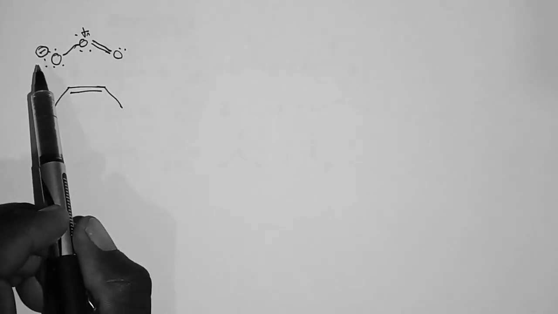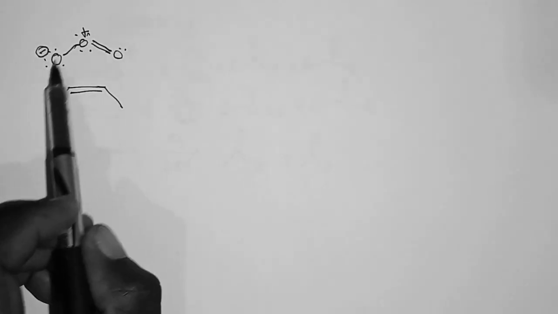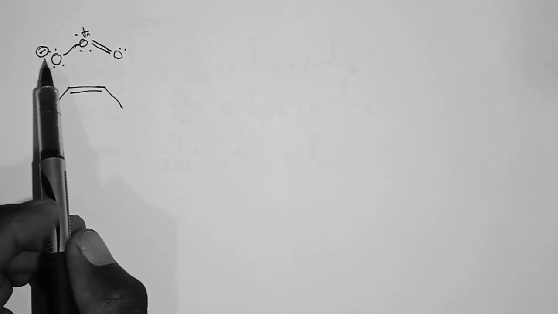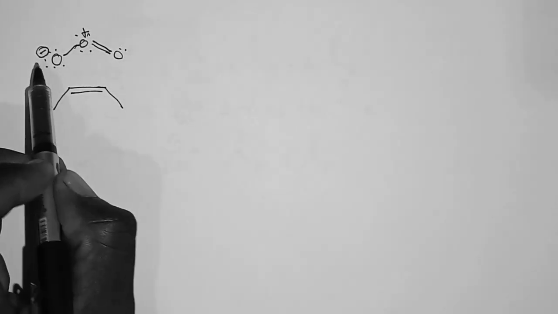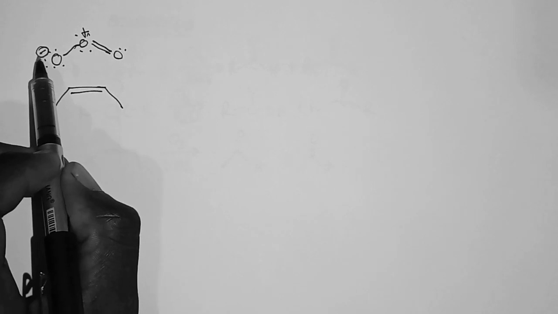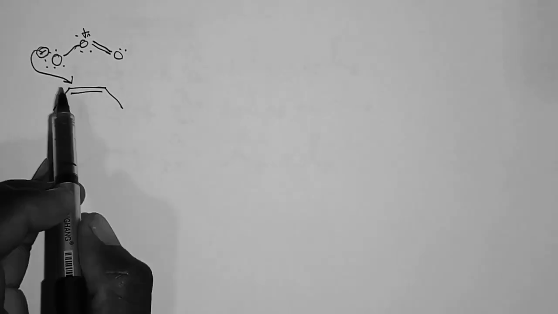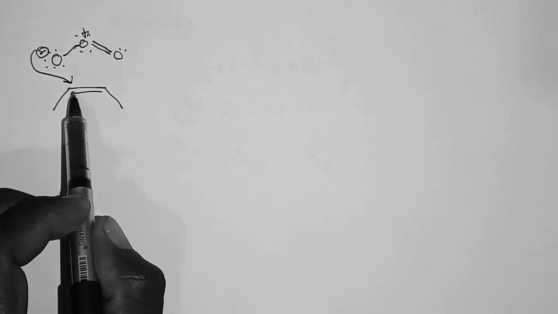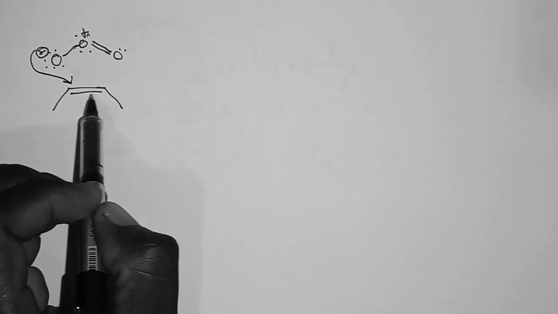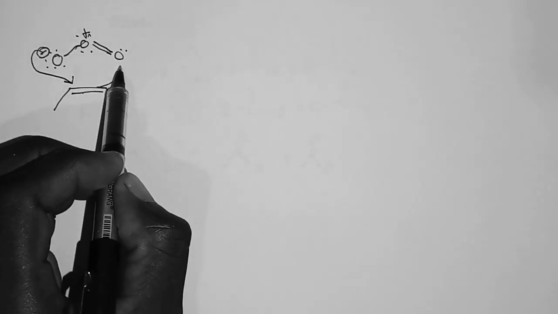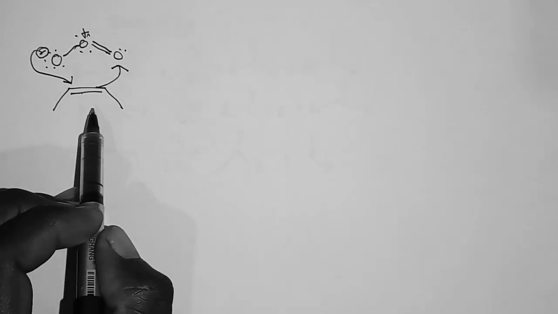So what will happen is that this center is a nucleophilic center. It will donate lone pairs of electrons to one of the carbons bearing the alkene. And then the alkene, because there are pi electrons here, will in turn use them to also attack this oxygen.